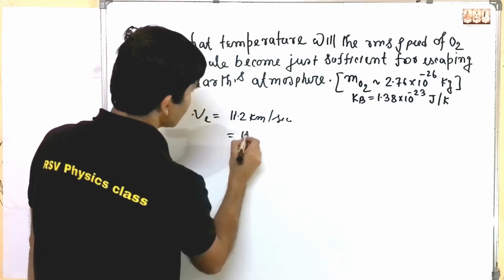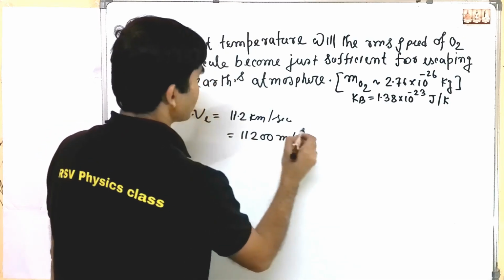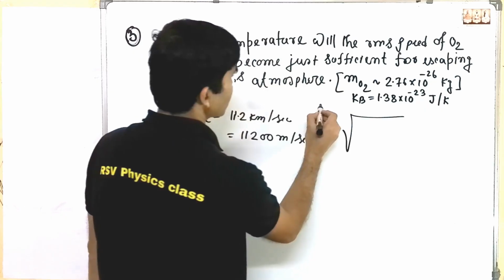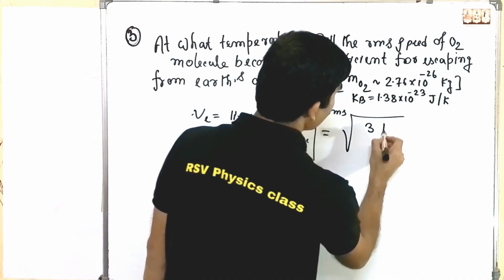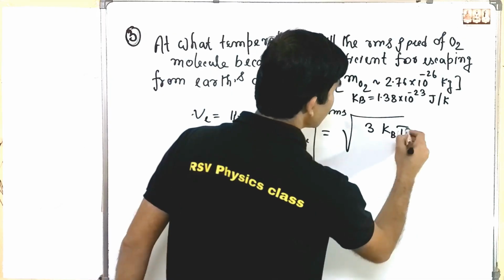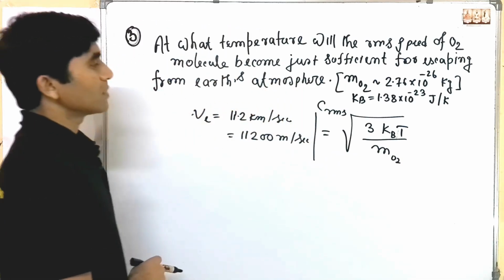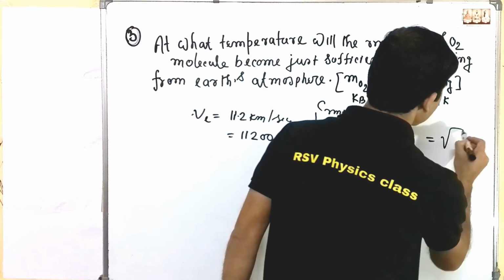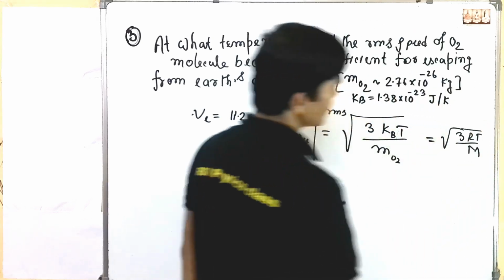Okay, so this is 11,200 meter per second, and this escape velocity will be equal to basically रूट मीन स्क्वायर, है ना, C RMS, है ना. क्या है आपका, root of 3 kB T by m, mass of O2, और बेसिकली मॉलिक्यूलर वेट जब आपका यहाँ पे RT और root of 3RT over m टोटल मास, है ना.